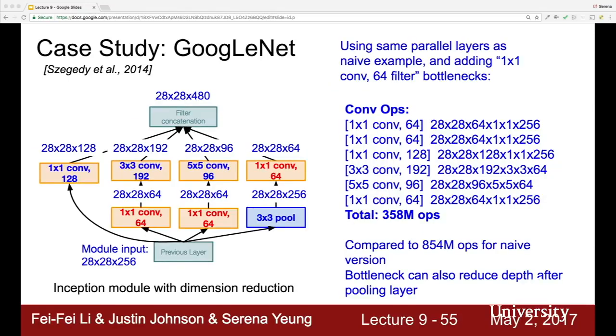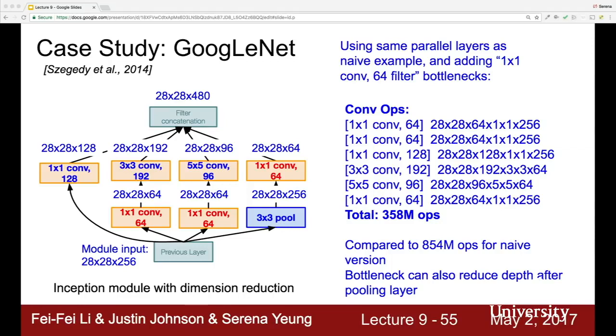And so how does this change the math that we were looking at earlier? Now we still have our same input here, 28 by 28 by 256. But these 1 by 1 convs are going to reduce the depth dimension. Before the 3 by 3 conv, if I put a 1 by 1 conv with 64 filters, my output from that is going to be 28 by 28 by 64.